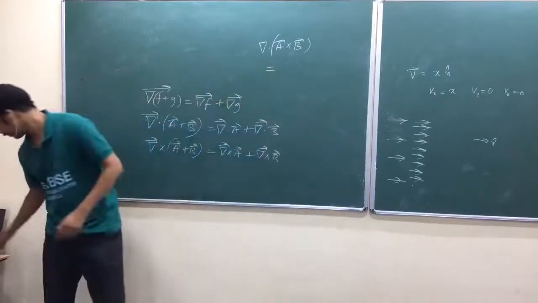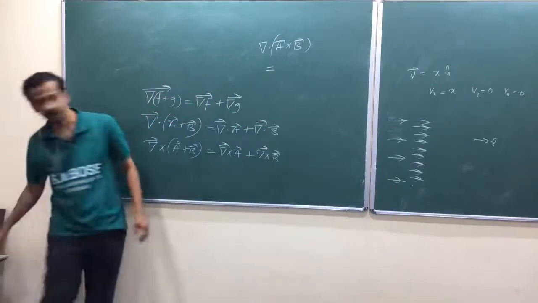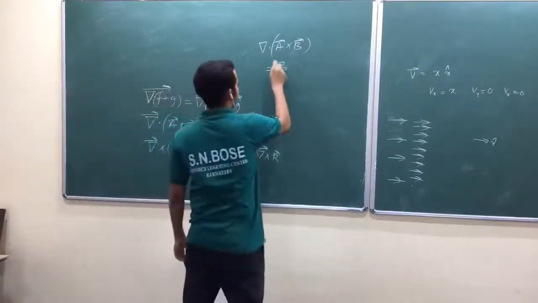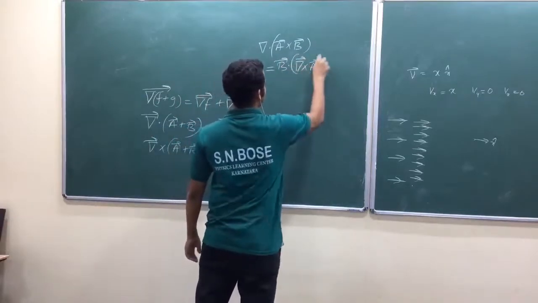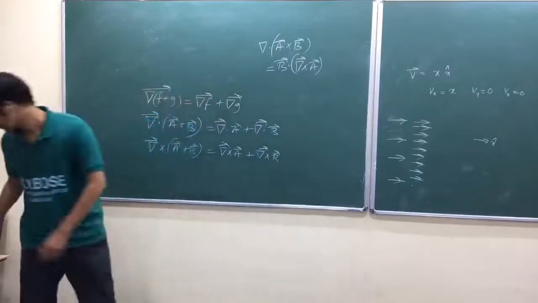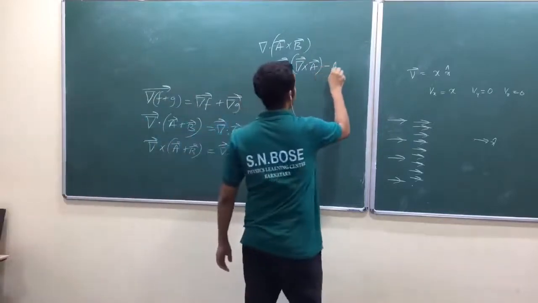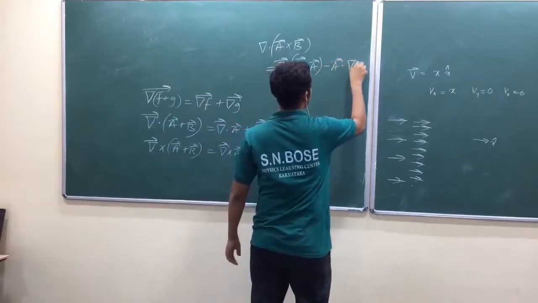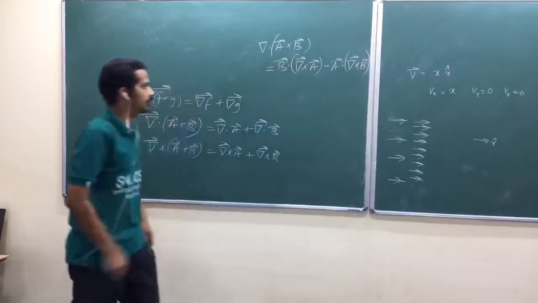That's equal to b dot del cross a minus a dot del cross b.